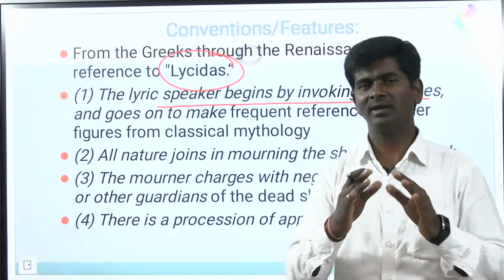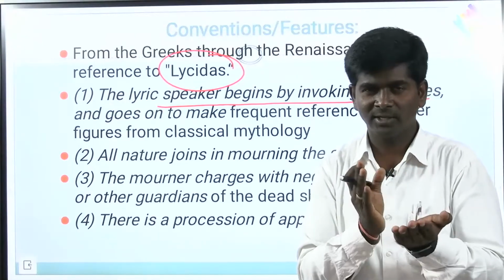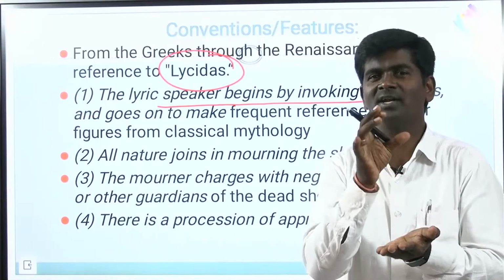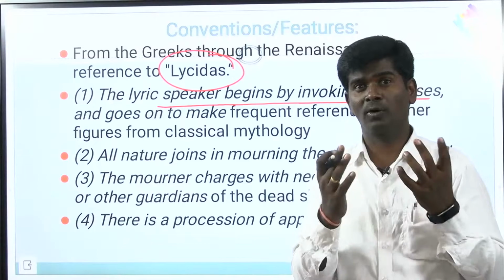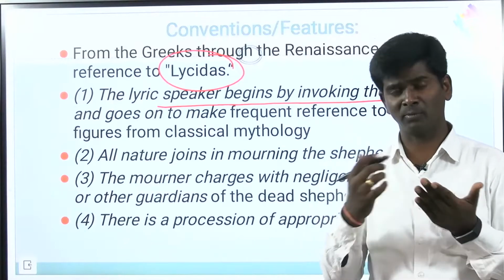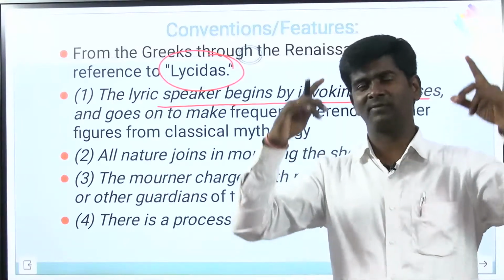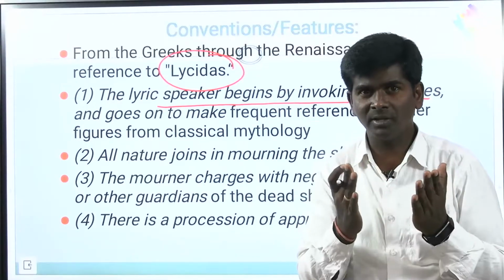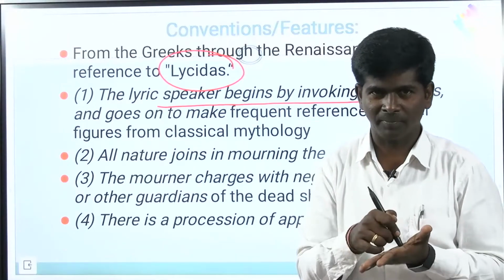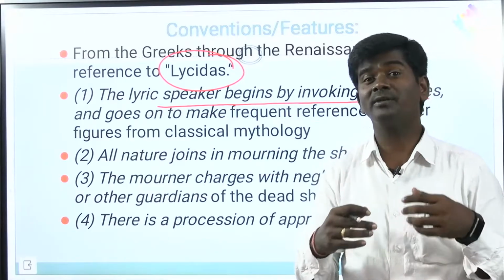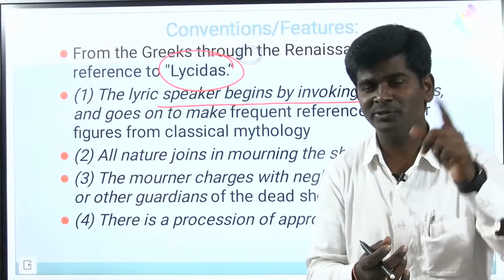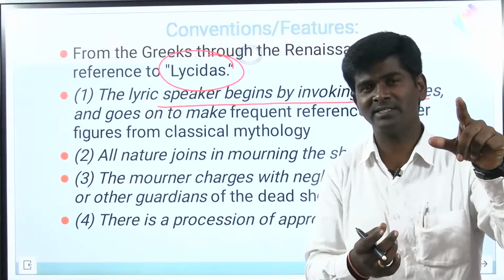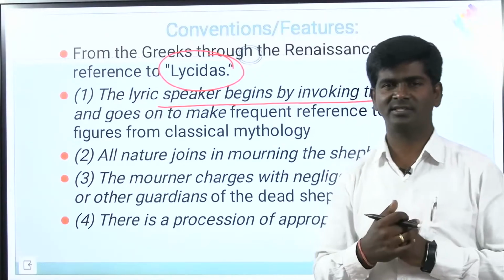In the same way, before the poem begins, the poet makes a prayer to the Lord: Oh God, please permit me to write this. I am going to write a wonderful poem for the sake of human beings. Please allow me and support me in writing this poem. Like that, the poet makes a prayer to the muses or God. This is the first characteristic of elegy.